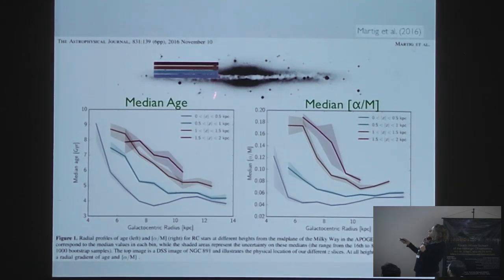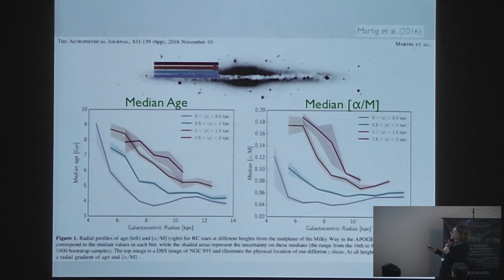Only at 4 kiloparsec they are old, around 9 gigayear, but very quickly they become young when you move outward. Very quickly they become 3.5 or 4 gigayear old, all the way down to there.